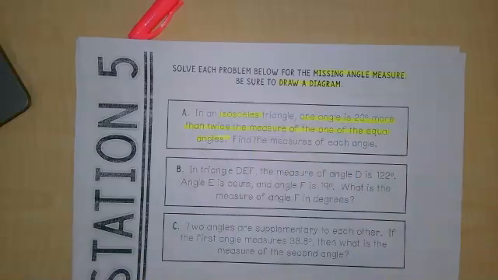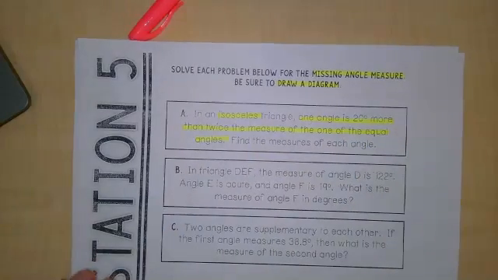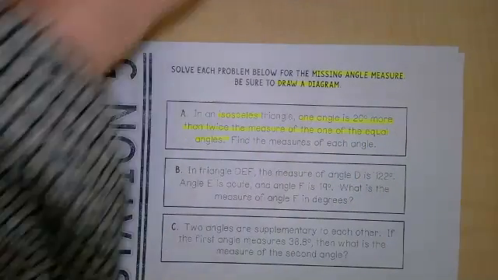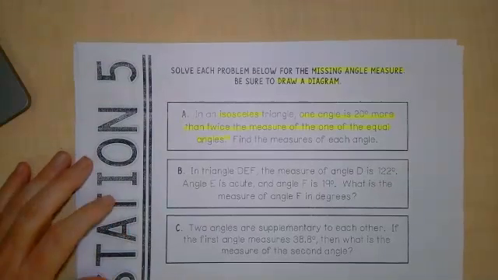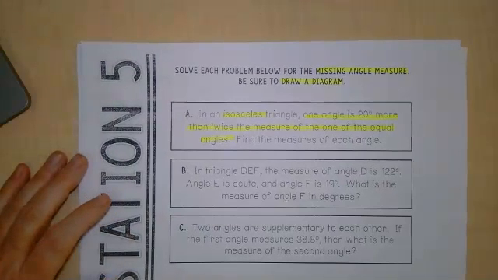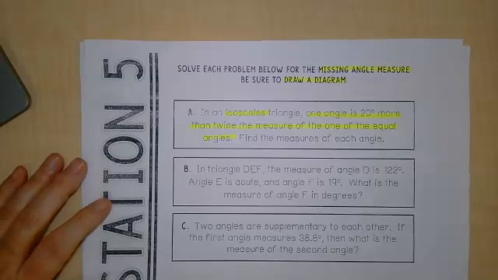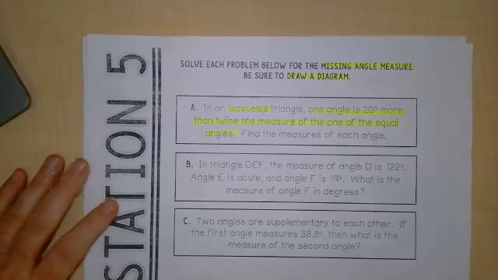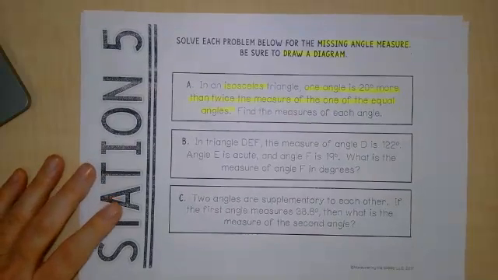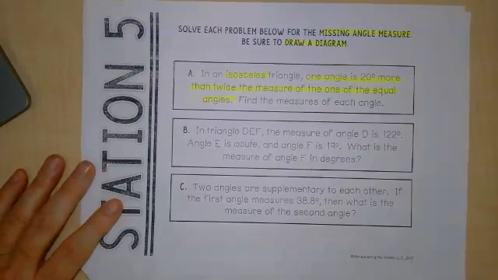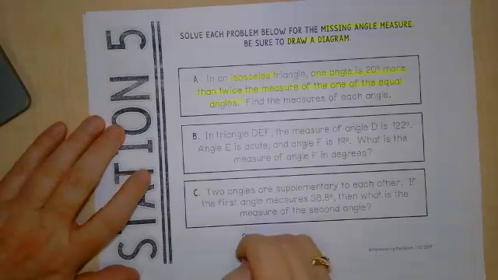We don't know where the equal angles are. Hang on, guys. Listen. Go, Emily. You had your hand up. Emily was looking at it and it says it's 20 more than twice the measure of one of the equal angles.